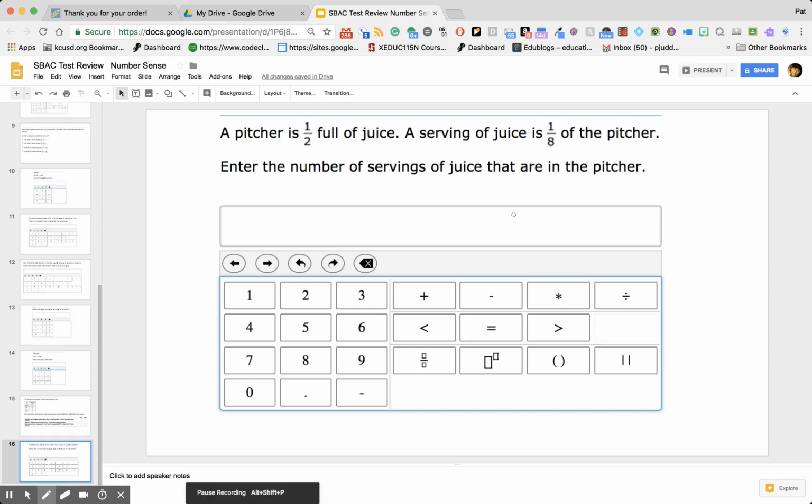Okay, so let's check and see what you think the answer should be. I want to know how many equal amounts of 1/8 there are in 1/2? So 1/2 divided by 1/8.